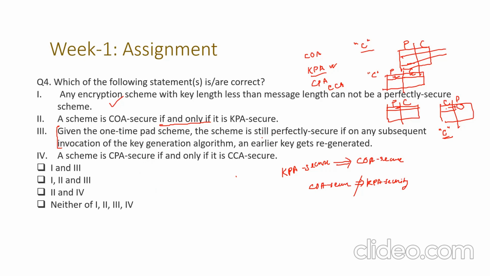This statement is actually true. It still remains perfectly secure indeed. But why does this regeneration of the same key not affect the perfect secrecy? Anyone would like to comment on that? Maybe you can write in chat also.